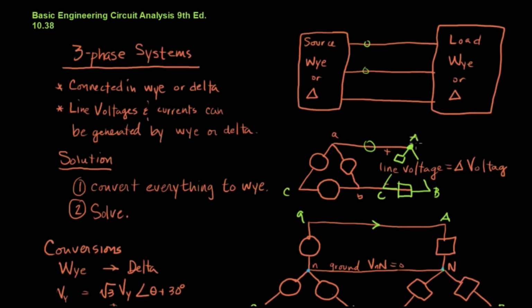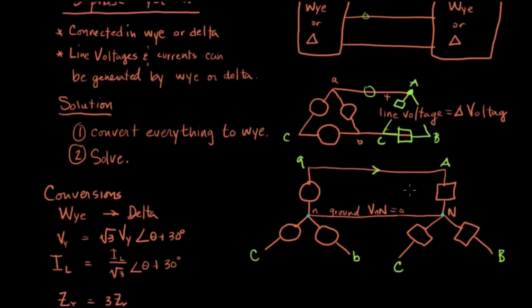So if I were to convert that load into a Y load, do you think that the current is going to be the same? It can't be, right? Because look at this node here. We have 3 branches coming out of the node. When I convert to a Y, I only got 2. Okay, so the current across a delta load is going to change when we convert it.